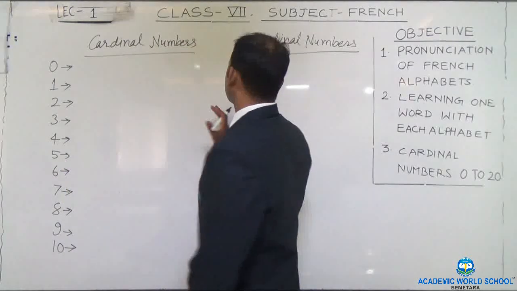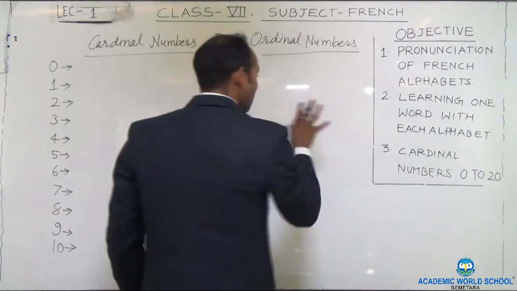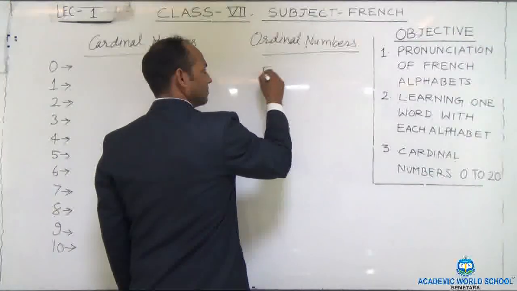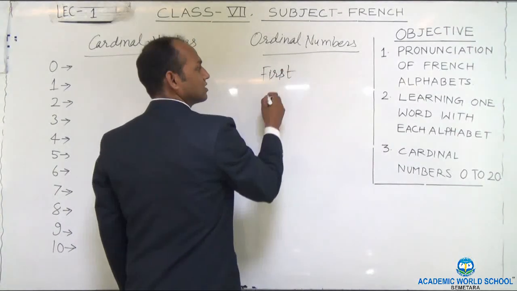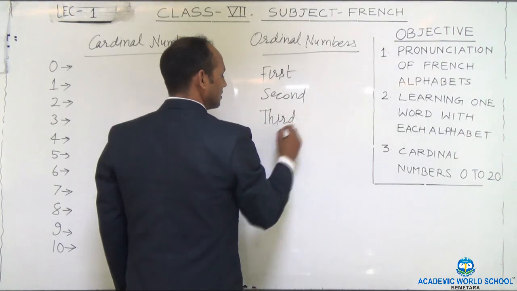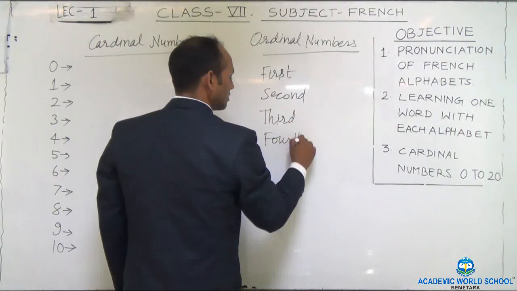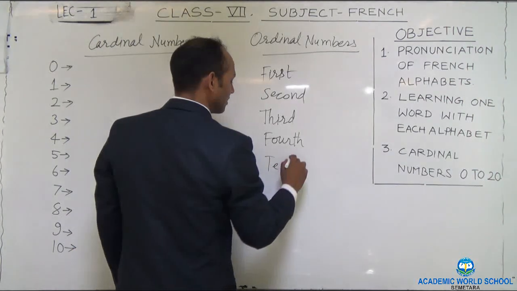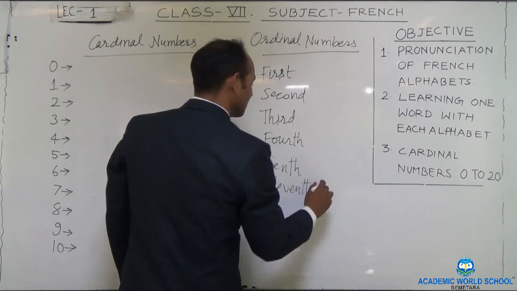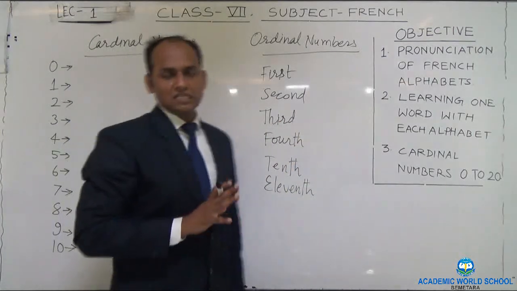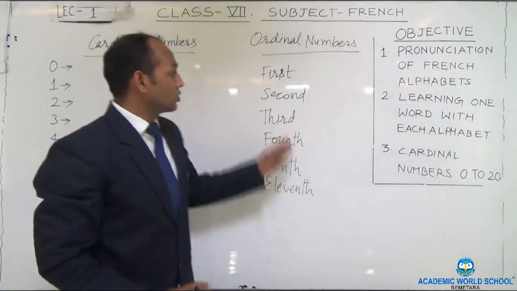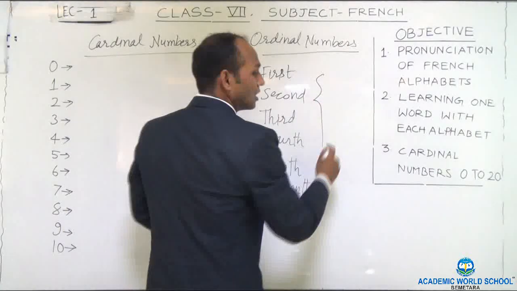And ordinal numbers. This type of number you are already aware of: first, second, third, fourth, 10th, 11th. Do you notice any difference? This is showing you the order.